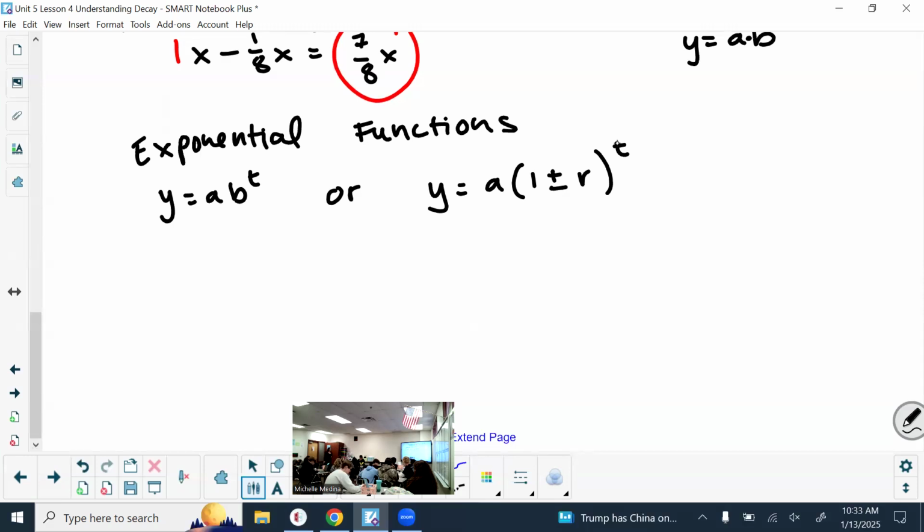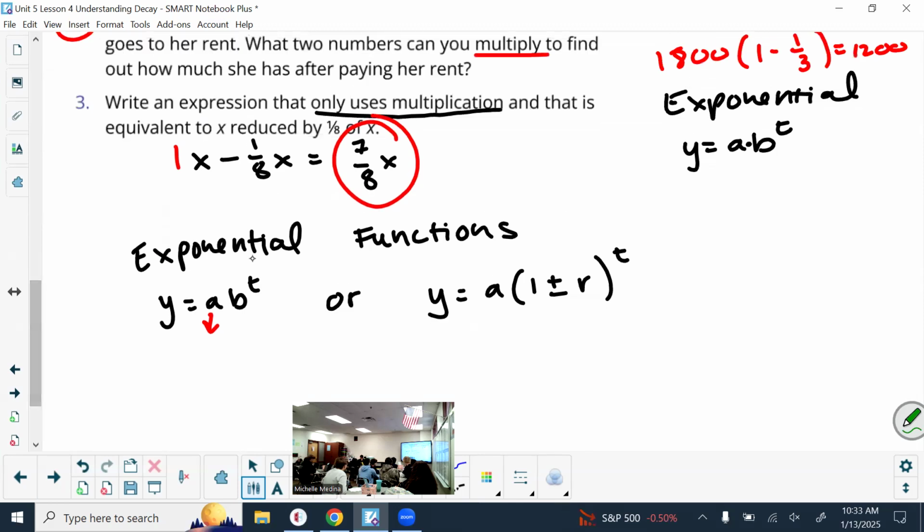Aside from the exponent, the one on the left is only using multiplication, right? So A in both of these is what in the situation? Take the thing we just talked about in the warm-up.